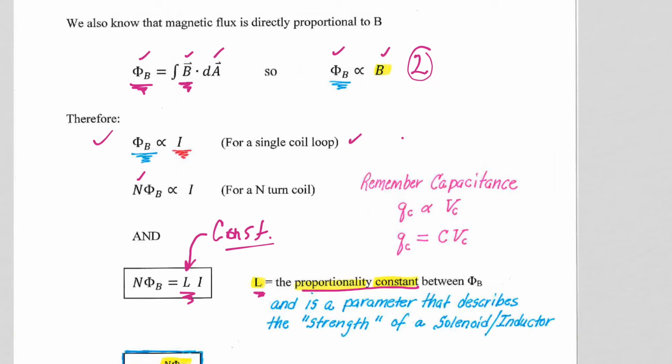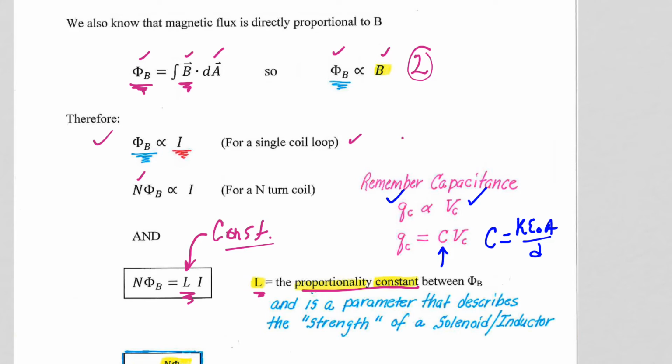At this point, I think we're comfortable enough with capacitors and capacitance to readily recall that the charge on the capacitor is directly proportional to the voltage across the capacitor plates. So the buildup of charge creates the voltage. It is directly proportional, and capacitance is our proportionality constant, and it was constant. Remember, capacitance for the parallel plate capacitor was kappa epsilon naught A over D. So it is constant.